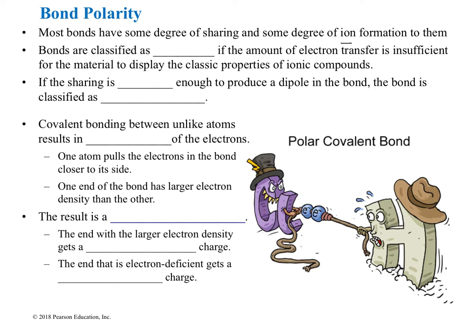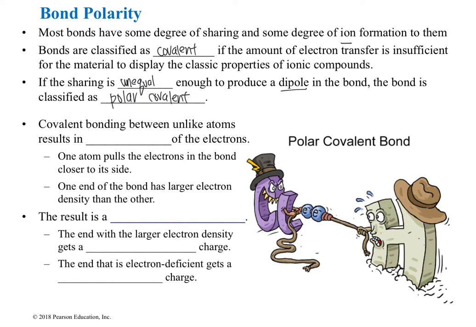So we classify molecules as pure covalent if the electron transfer is pretty small, to where they don't actually act like ionic compounds. If the sharing is unequal enough to produce a slight charge, we call that a dipole in the bond. That is called a polar covalent bond.